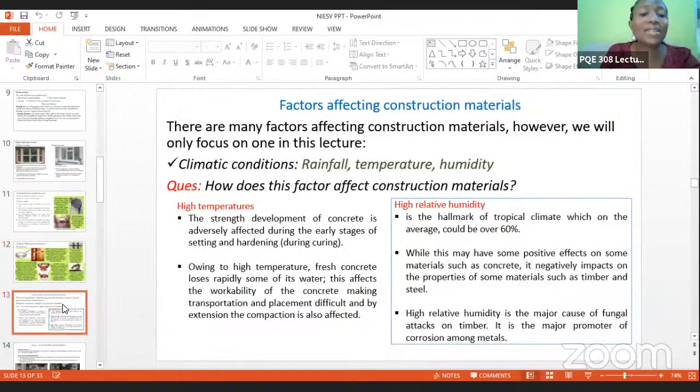So those are a few of the construction materials that we have. Now, these construction materials have factors that affect them. However, for the scope of this lecture, we are only going to consider climatic condition.